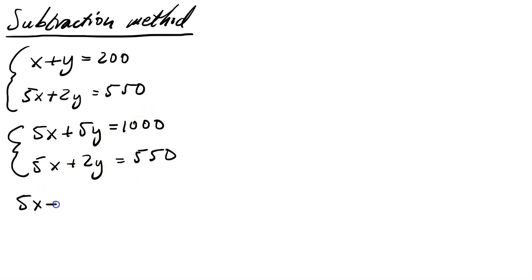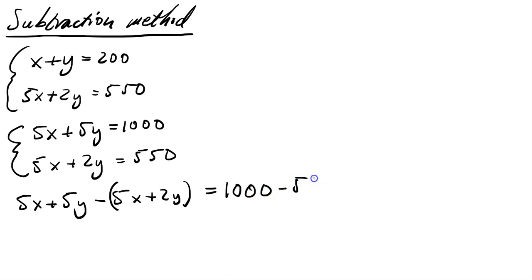So I take the left-hand side here, subtract the left-hand side there. And that must be the same as taking this right-hand side, subtracting that right-hand side, since the two sides are equal. Okay, removing the parentheses.